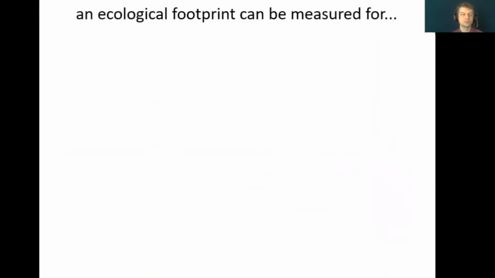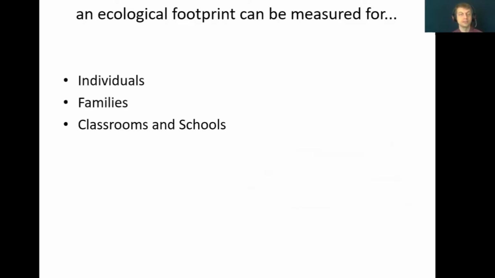Now, an ecological footprint can be measured for individuals, and it can also be measured for families, where we add up all the individuals within that family. We can measure it for classrooms and schools. We can measure it for companies and sectors. And when I say sectors, that means all the companies that produce similar things, such as all the companies that produce concrete, for example.